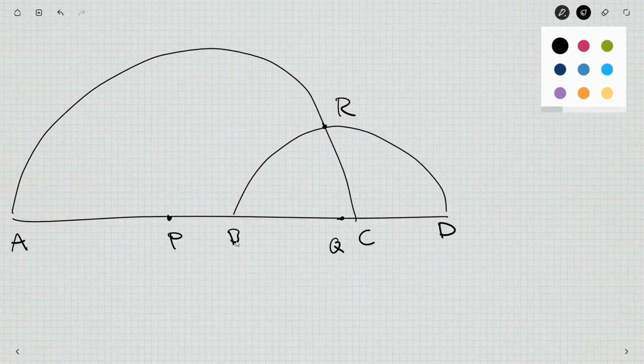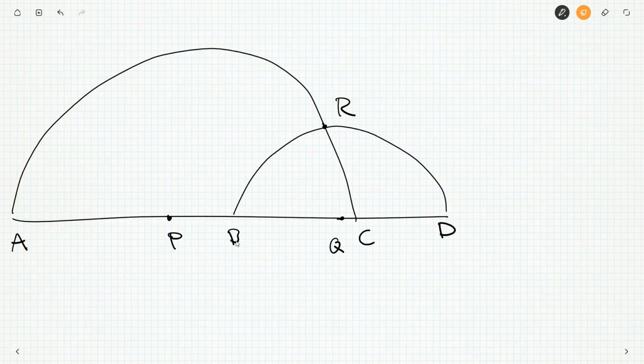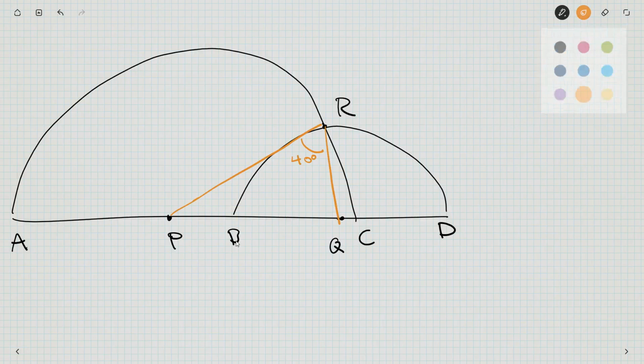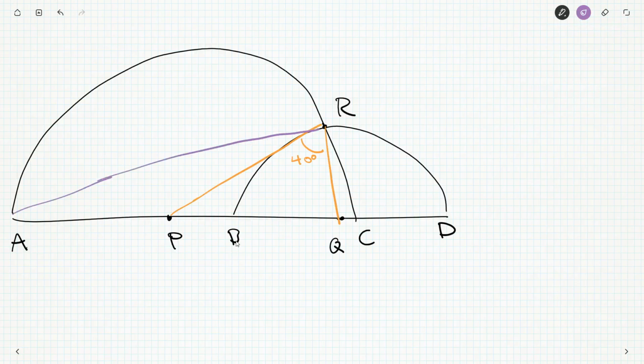Okay, so I'm going to try and color code this to make things as simple as I can. The orange angle up here is 40 degrees. Fine. And then we want the big one, ARD.